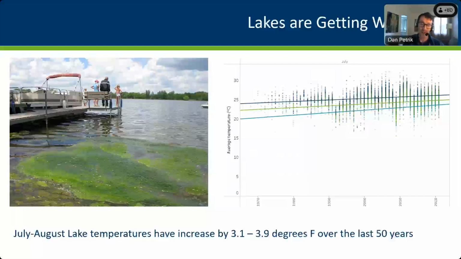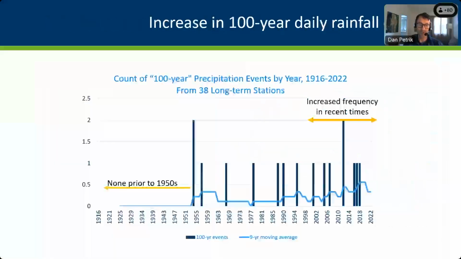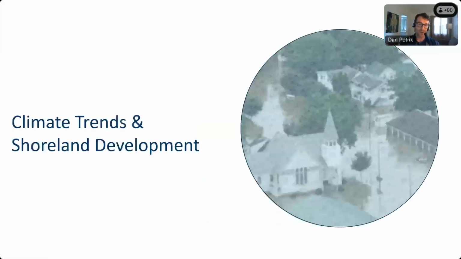And so that's an important thing to remember when we get talking about phosphorus. Also, I don't have to tell anybody our lake ice season is also shortening. And we've also, of course, been having increases in significant events. And so with all these things combined, they are having an impact on shoreline development.